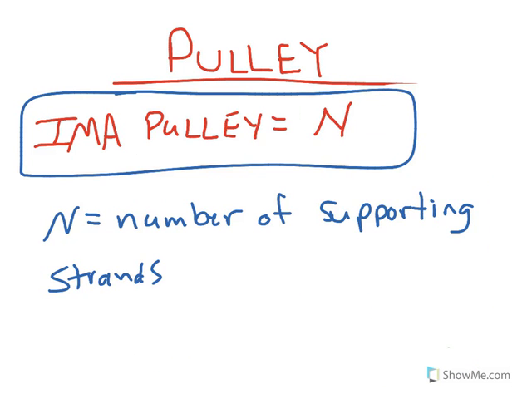So to sum up about the ideal mechanical advantage of a pulley, it equals n, where n is the number of supporting strands.